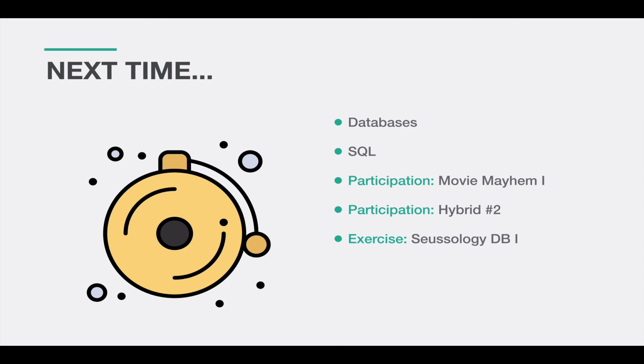Okay, so we're going to cover databases and SQL. We may have the participation assignment, and the Sociology DB 1 exercise will probably get bumped, okay, to accommodate for functional phishing. But that was the plan for next time. Are there any questions before I let you go?